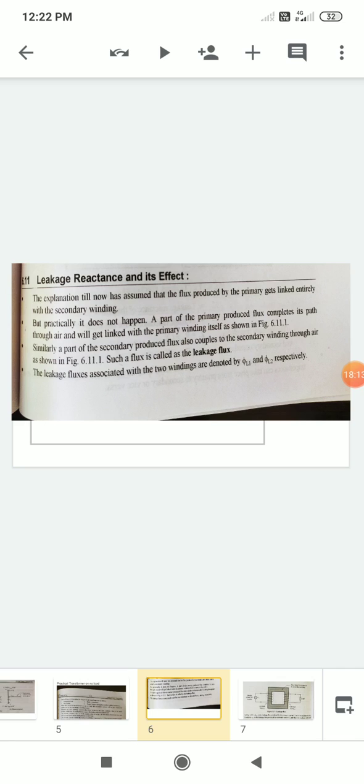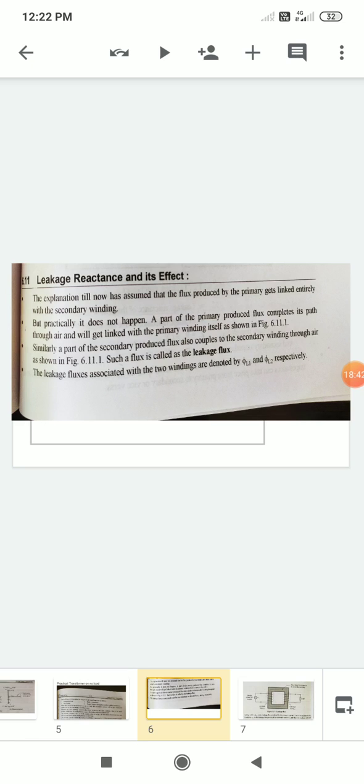Now come to the leakage reactance and its effect. In the explanation till now, we assumed that the flux produced by the primary links entirely with the secondary. We have already discussed in our previous slides that whenever the primary current or voltage level changes, it will induce a flux inside the core, and this flux links with the secondary coil because of the mutual inductance concept.